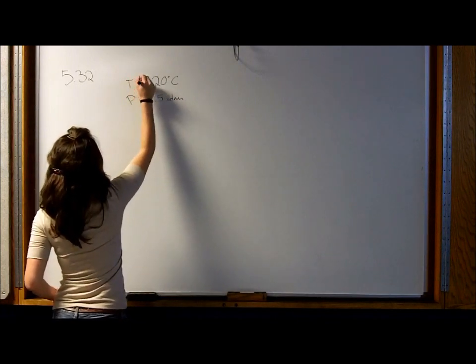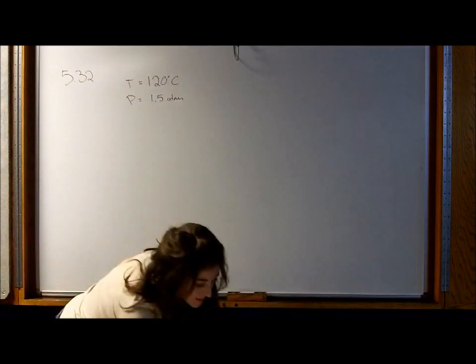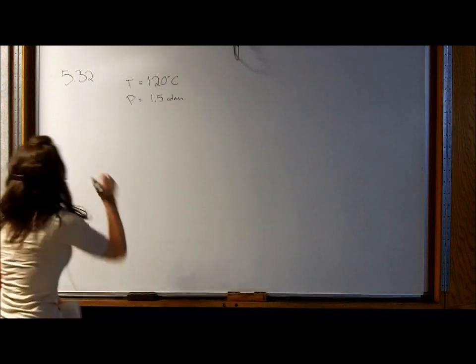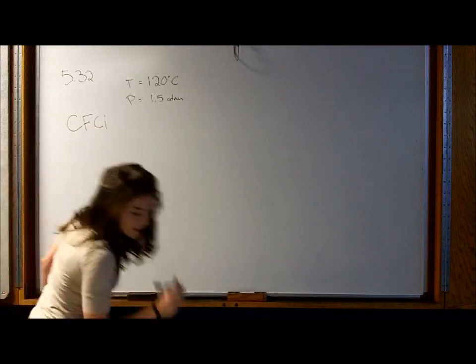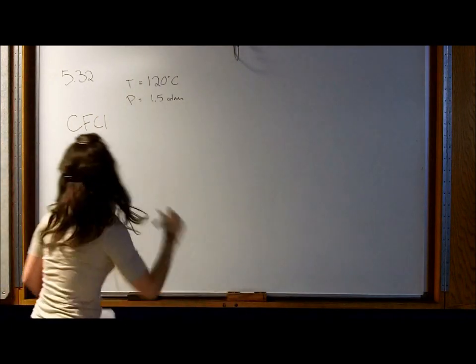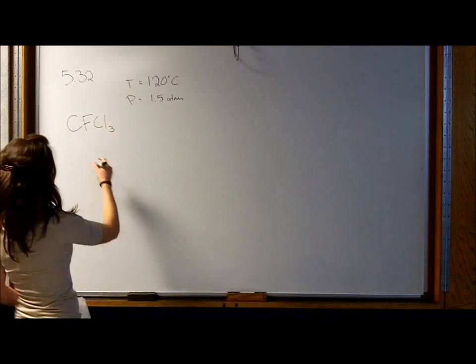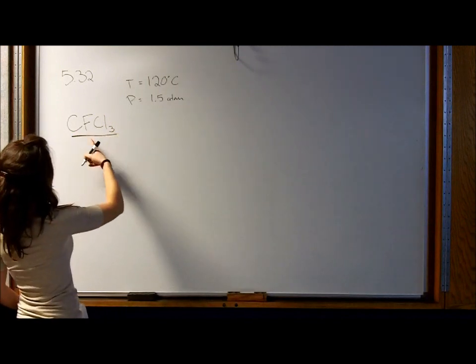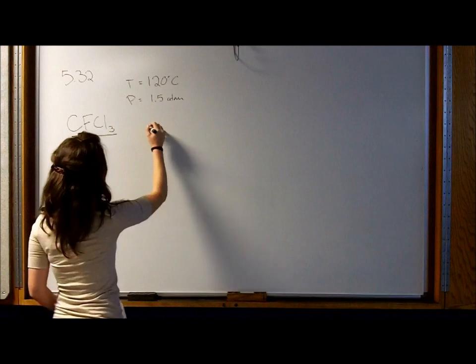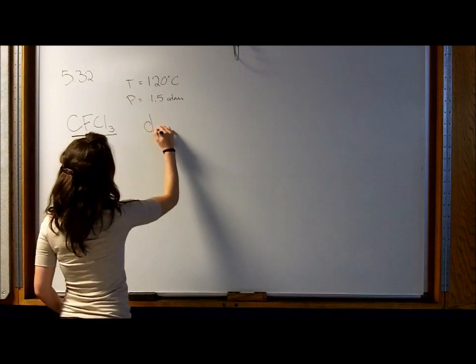And we are supposed to find the density. This is freon. That's kind of them to give the molecular formula. We're going to need this because we'll find the molecular weight with it. So it's asking for the density of freon.